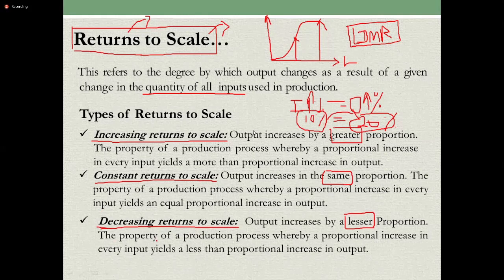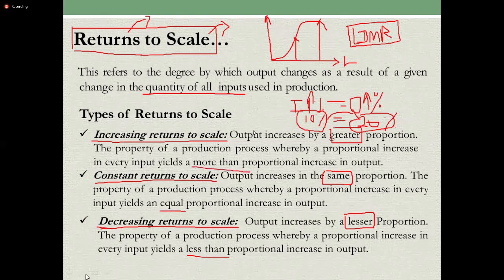The property of production processes whereby a proportional increase in every input yields a less than proportional increase in output, right? Is it clear?